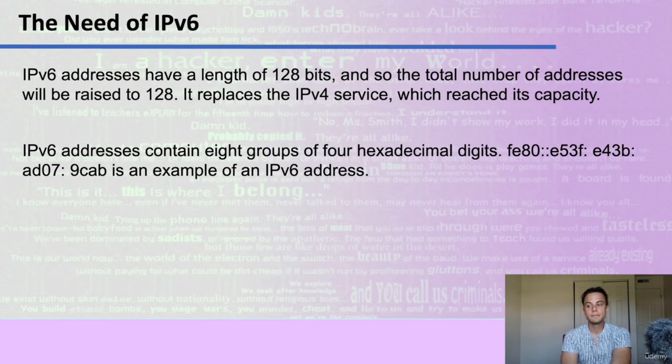Now, what is IPv6, what is the use for it and what is the need for it? Well, basically IPv6 consists of 128 bits, which is way more numbers compared to IPv4, and we created this space of IP addresses simply because we ran out of IP addresses over the web.